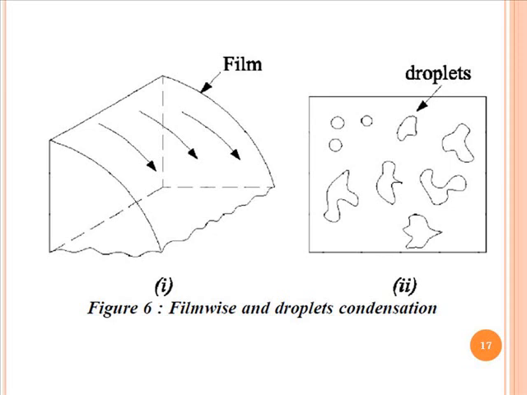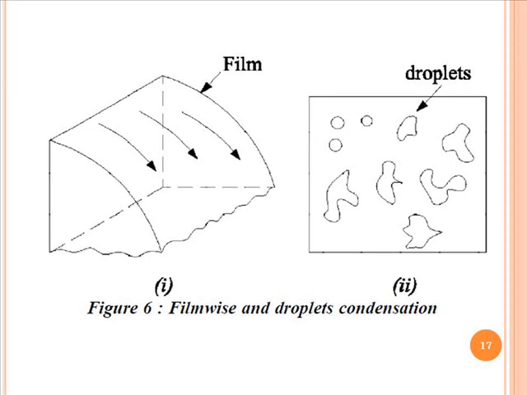This film offers thermal resistance to the heat transfer between the surface and the vapor. The heat transfer will now be due to convection between the film and vapor and conduction between the film and solid surface. So you can say both conduction and convection are available. Thus the overall heat transfer coefficient U will be very low.